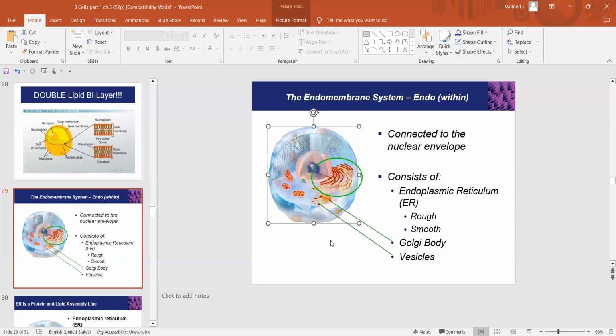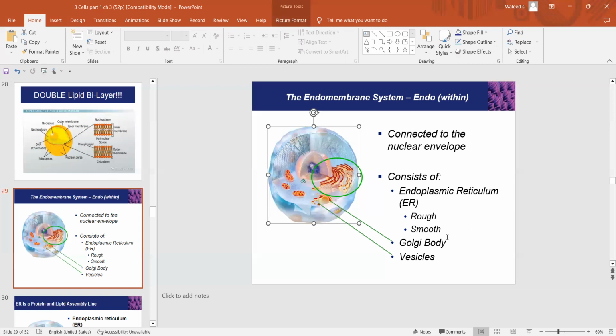If there are ribosomes stuck on the surface, it looks rough because of these ribosomes, and in that case we call it rough endoplasmic reticulum. So we have 2 types of this network in the cytoplasm, rough and smooth endoplasmic reticulum. These are 2 organelles that we will discuss.